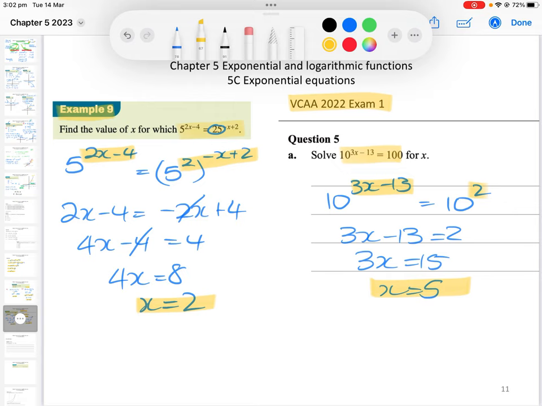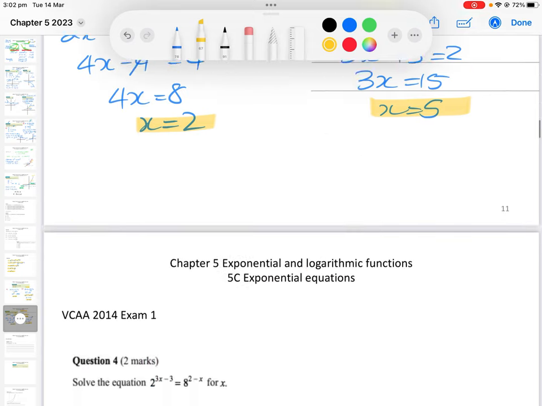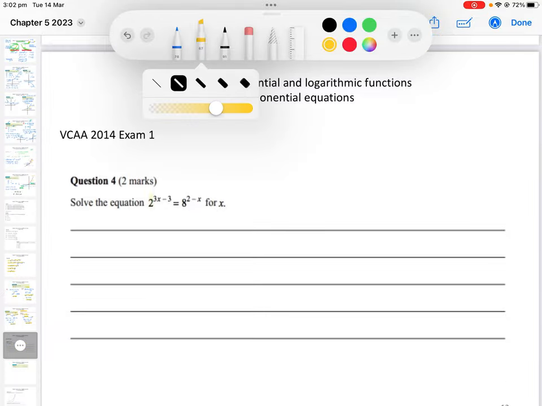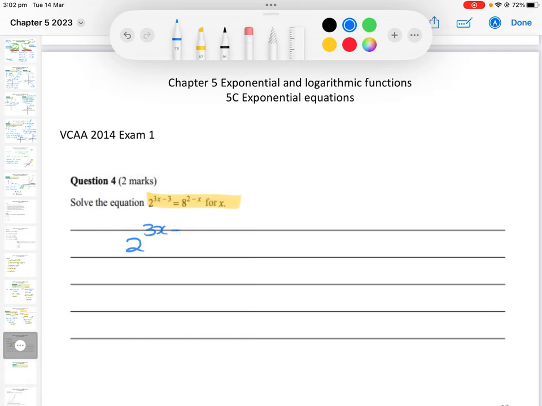And lots of different ways of doing it, but that's sort of the best way of doing it and the most precise. In 2014, exam 1, can you stop the video, have a go at doing this one on your own, and then we'll go through it. So I'm going to write 2 to the power of 3x minus 3 is the same as, well, 8 is 2 cubed, 2 times 2 times 2, to the 2 minus x.